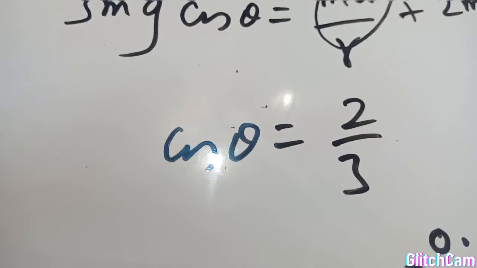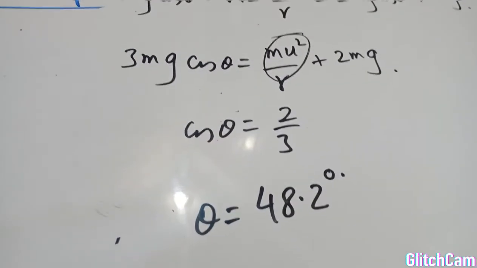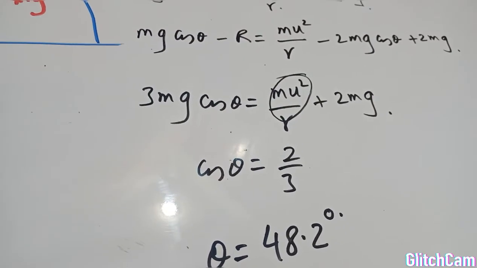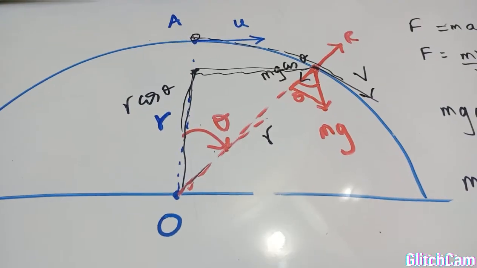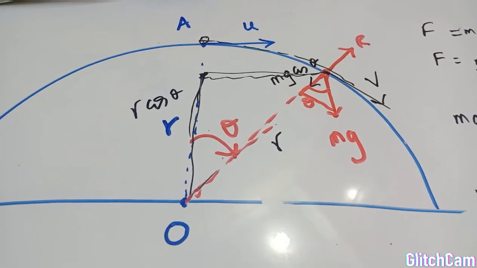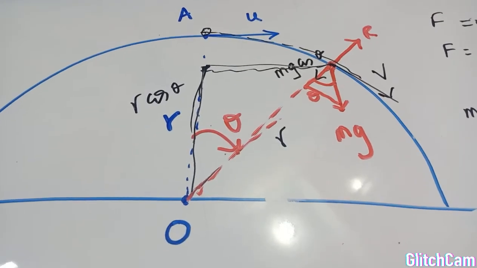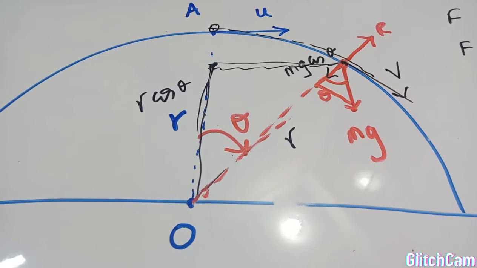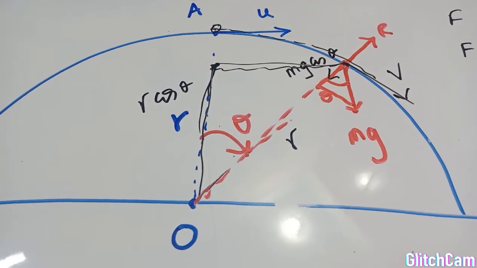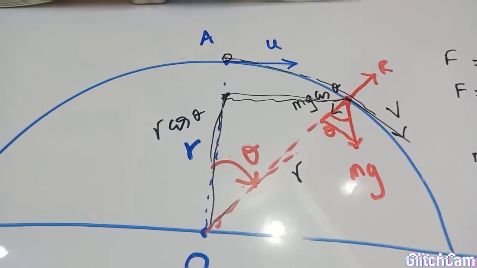So we have proved this mathematically: when you drop anything, as I showed you by dropping that marble from the top of that circular tape, it would be rotated up to a maximum angle of 48.2 degrees.